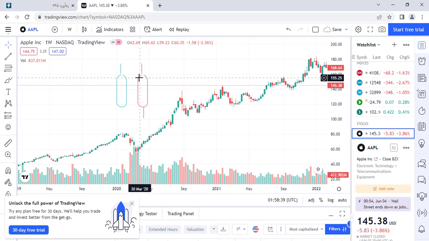For example, in this candle, I will explain more for you to understand better, for the guys that are beginners to markets.